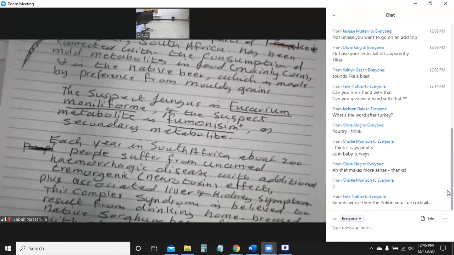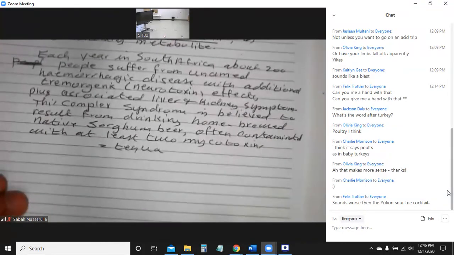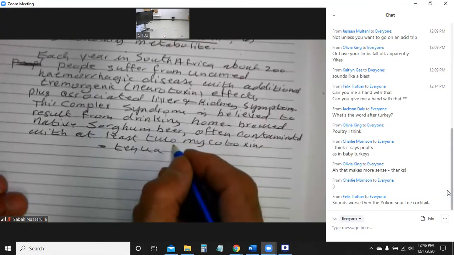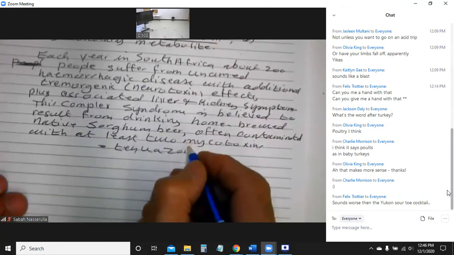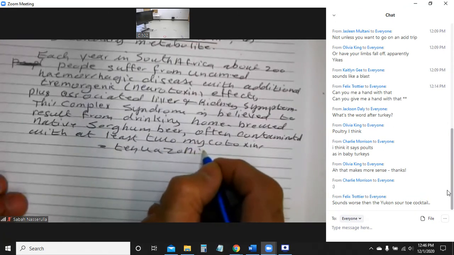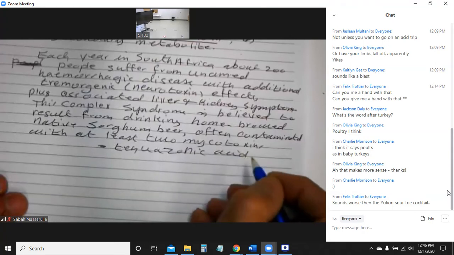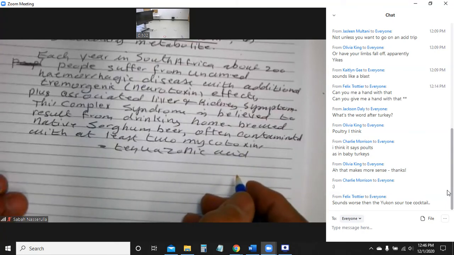One is known as tenuazonic acid, a mycotoxin. Sir, can you move the page up? Thank you. Tenuazonic acid.